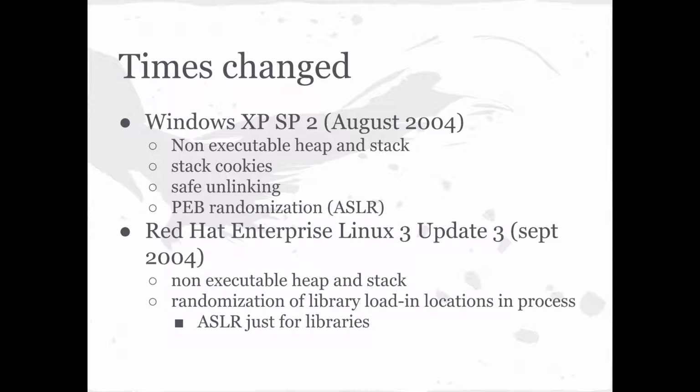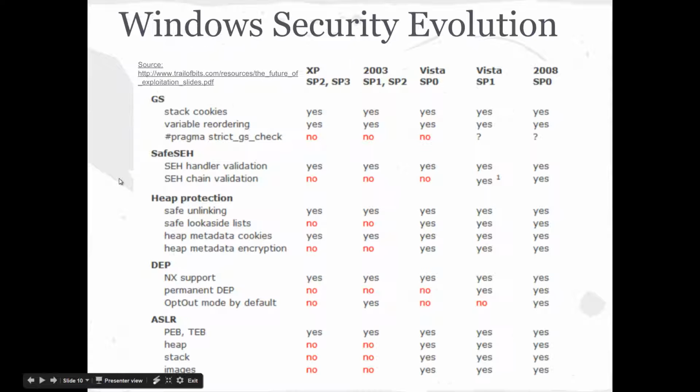Exploit mitigations came about around 2004 with Windows XP Service Pack 2 and additions to Red Hat. Some operating systems and hardened distros had mitigations before these times, but it was not common. The implementations of each of these mitigations, especially NX and ASLR at the initial stage, were very weak and still incredibly easy to bypass.